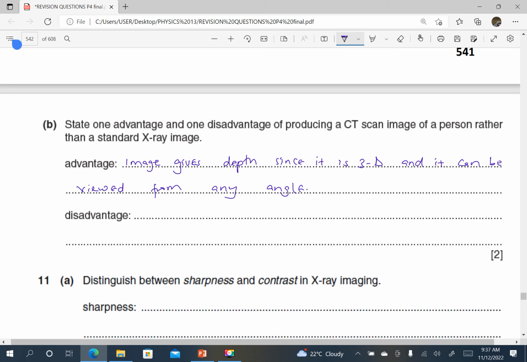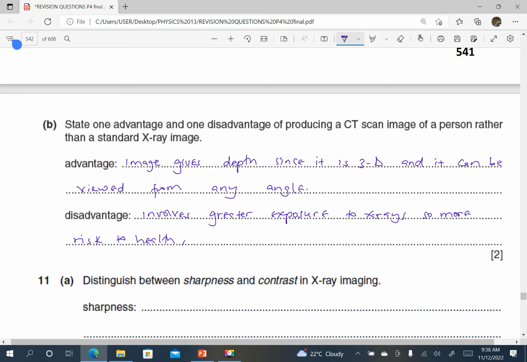Of course, the disadvantage, there is too much exposure to X-rays. It involves greater exposure to X-rays, so there is more risk to health.